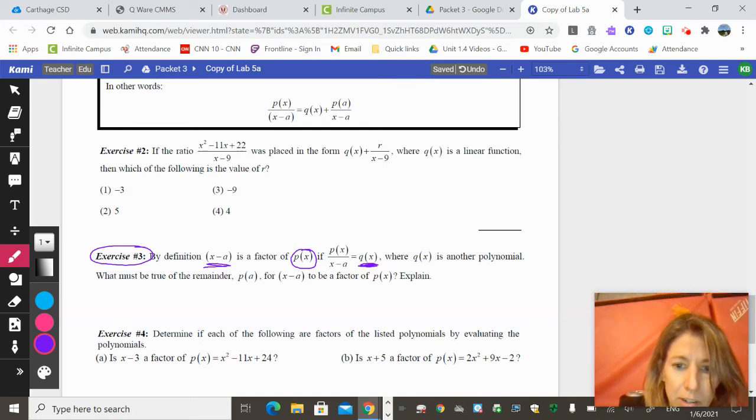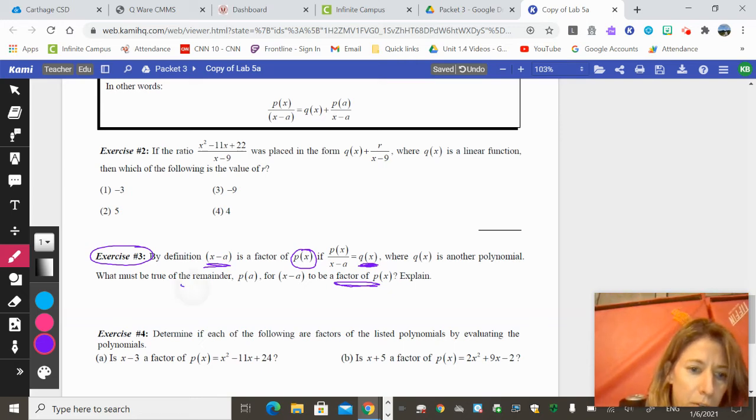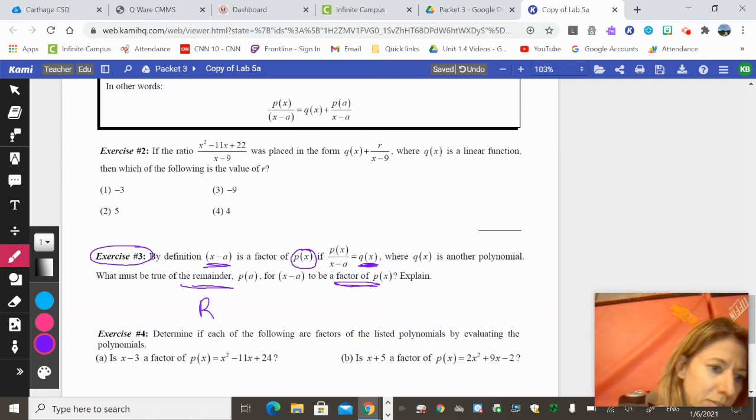And it just says q of x is another polynomial. What must be true of the remainder p of a for x minus a to be a factor of p of x? Well, this is that fact again. The remainder must be what in order for something to be a factor? I'll write this out as a sentence since it's asking it.